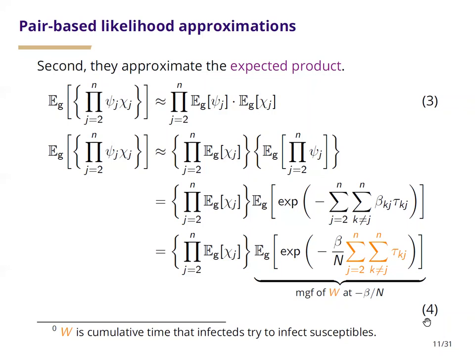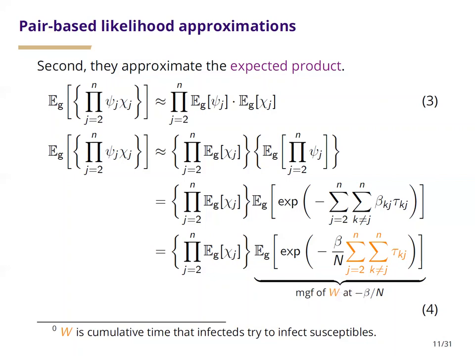Next, 4, we will take a similar strategy. So we'll say expected product equals product of expecteds for the chi terms. But we won't simplify for the before infection probability psi j, keeping them as an expected product. Now, if we start to write this explicitly, and if we assume a common infection rate, beta, between pairs of individuals, we end up observing this orange term here, which is a double summation over tau terms.